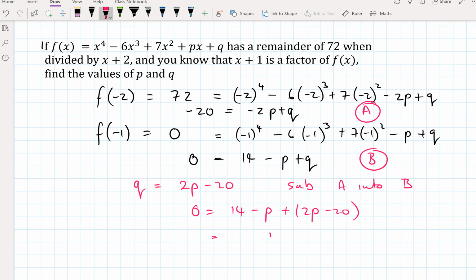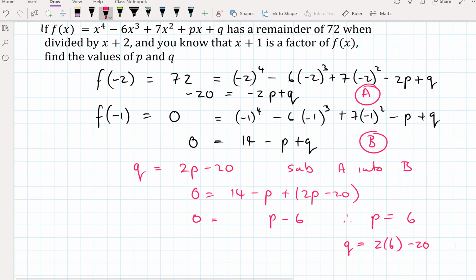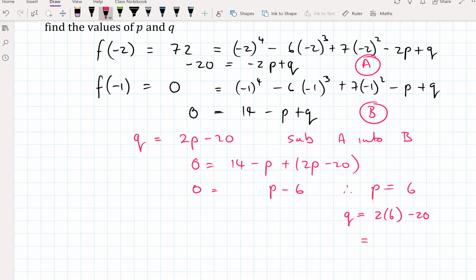I'm going to have a positive p, and that's going to be minus 6 equals 0, and so p is going to equal 6. And if p is equal to 6, then q is going to be 2 times 6 minus 20, and that's going to give me minus 8.